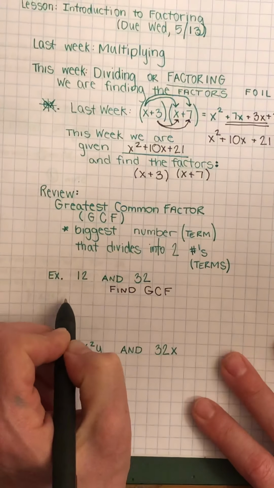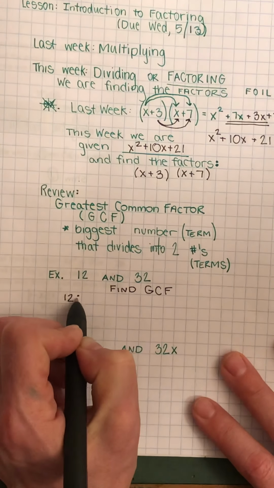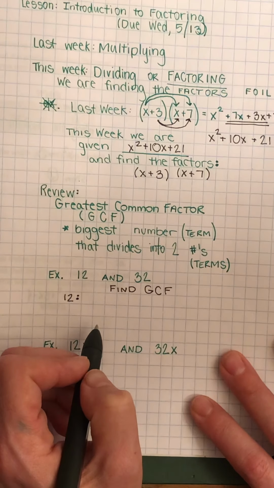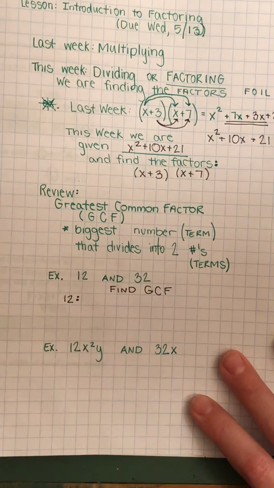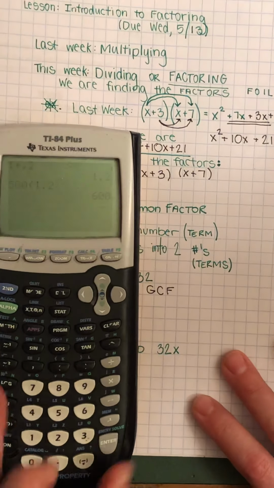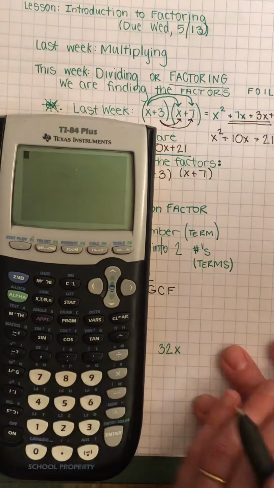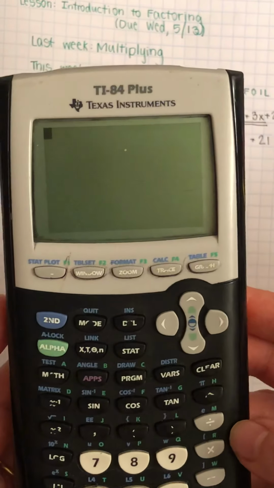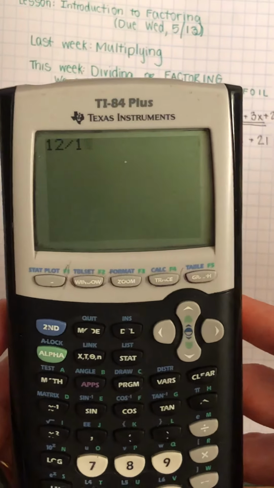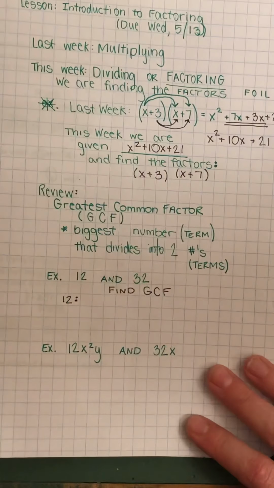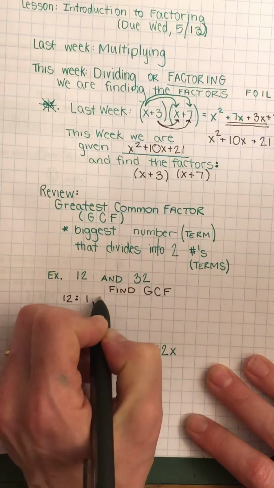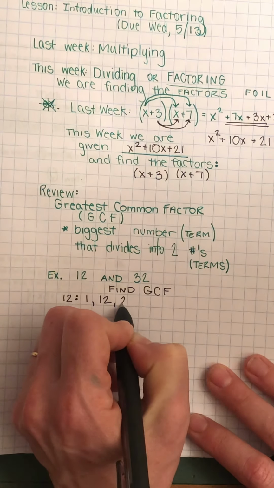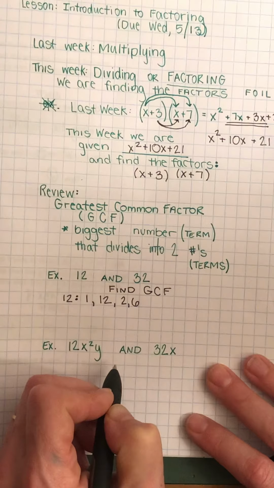So what we do is we start with 12 and we find all the factors of 12. This is when your multiplication facts really help you. If you have a calculator, you start with your small numbers. 12 divided by 1 is 12, so we have 1 and 12. 12 divided by 2, so 2 times 6 is 12.